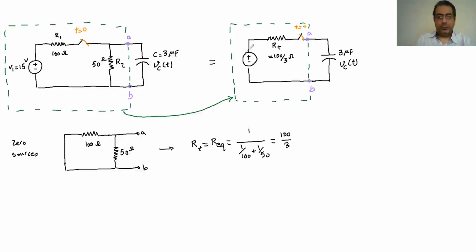Then we need to find the voltage source here. That was the first part that we did, so this is the RT. For the second part, we have to find this voltage source. To find the voltage source, remember that we will use the short circuit condition.